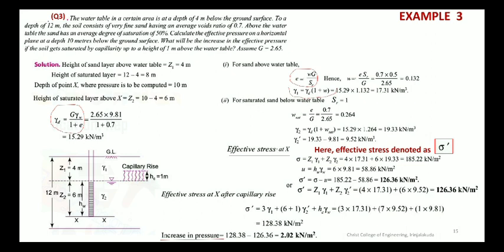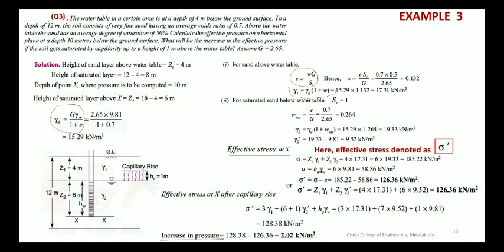So for the sand above water table, first case, we have to find out gamma value. So we know the equation: E is equal to Wg by S. So we are given the values E, G and S. What is S? S is degree of saturation. It is 50%. 50 divided by 100. So S is equal to 0.5.